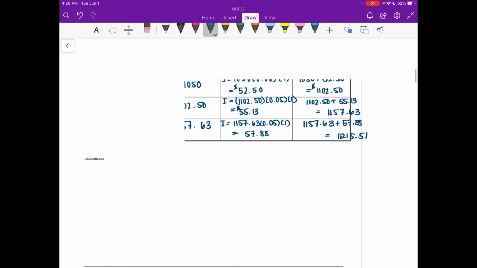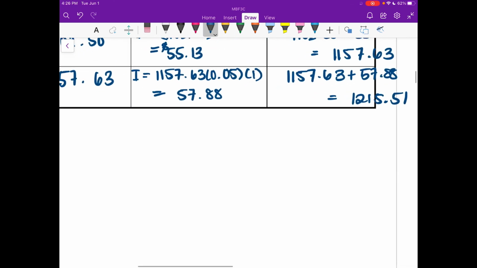So now my new interest here is going to be, I originally invested, I still only put in the same amount.